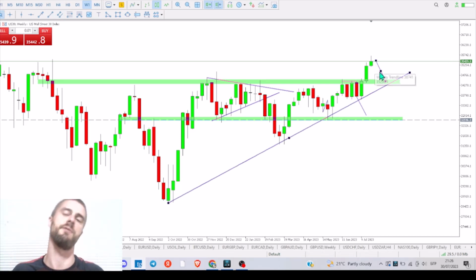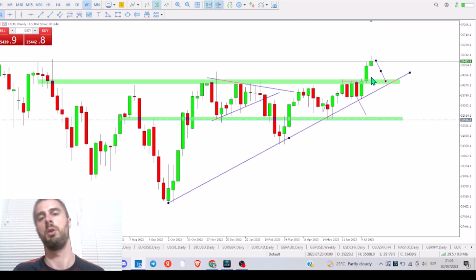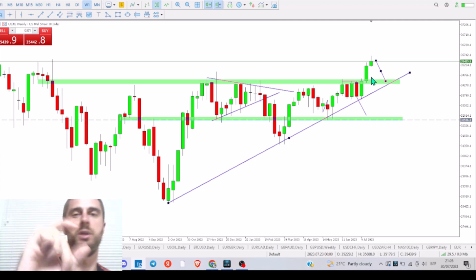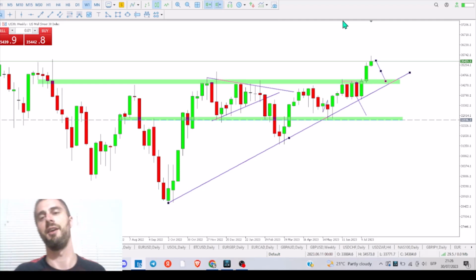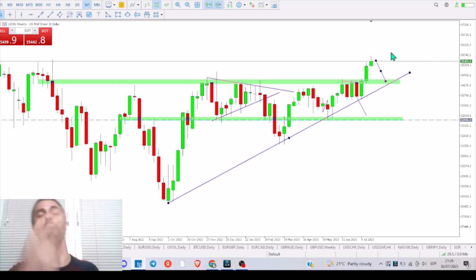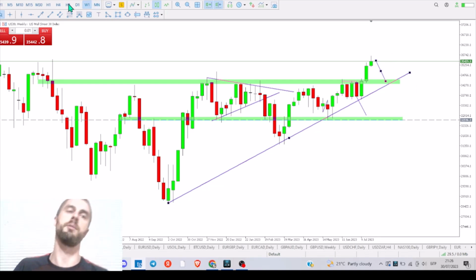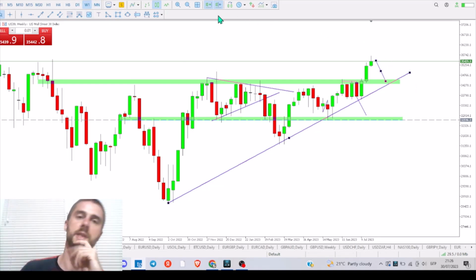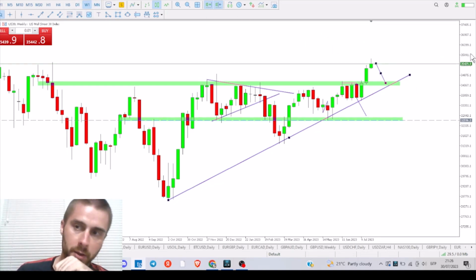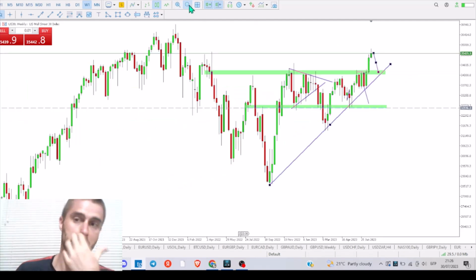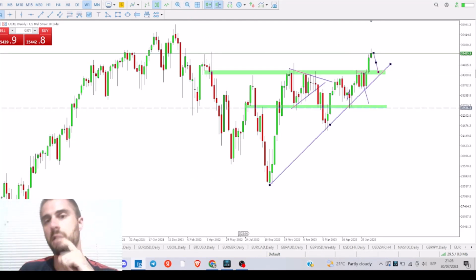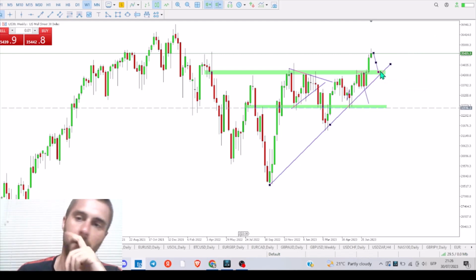So if price gives us this discount, then we should go almost all in. I'm kidding. We should protect our capital in the first place, but this would be one of the best trades here, guys.